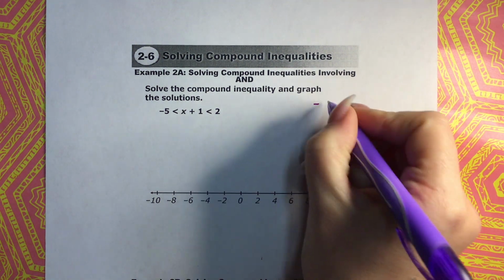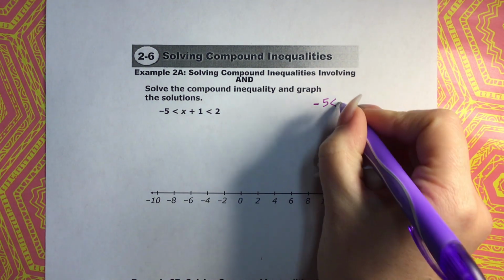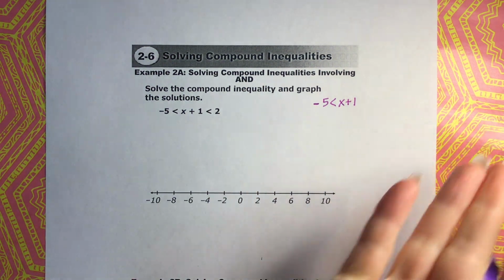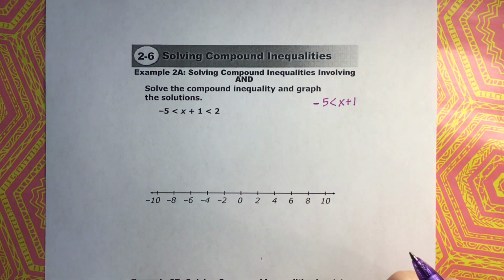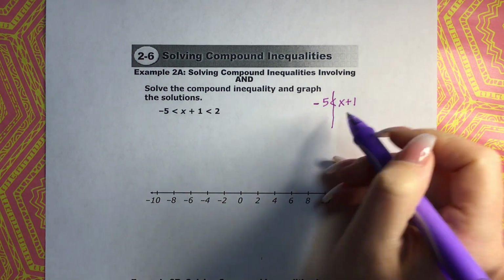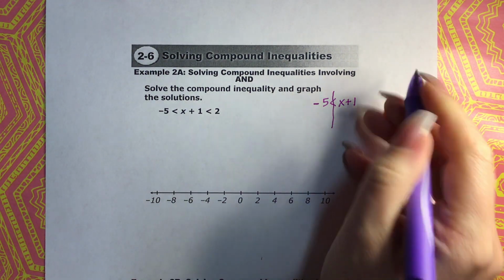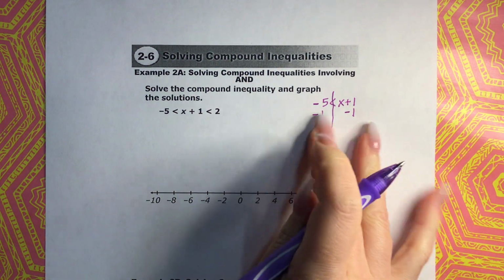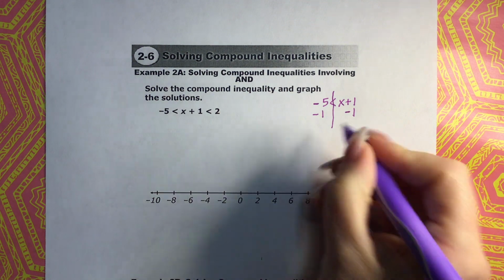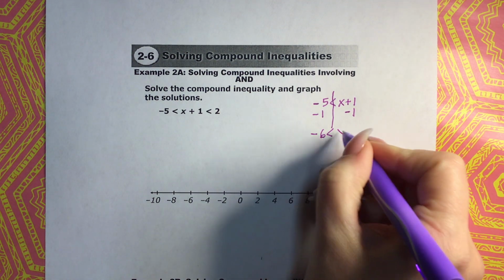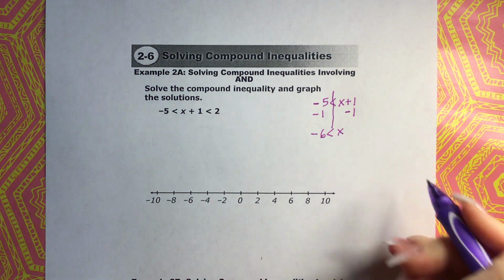Like, if you had x plus 1 is greater than -5, what would you do to get x by itself? Well, it's like everything you did with equations, right? We would try to get x by itself by using the inverse operation of +1, which would be -1, and we just do it to both sides. So we'd have -6 is less than x, or x is greater than -6.